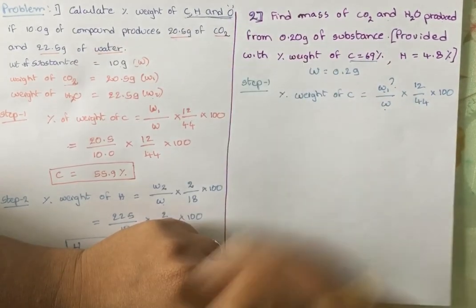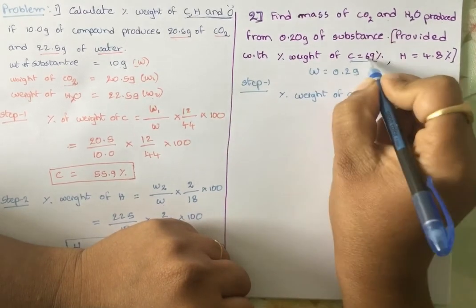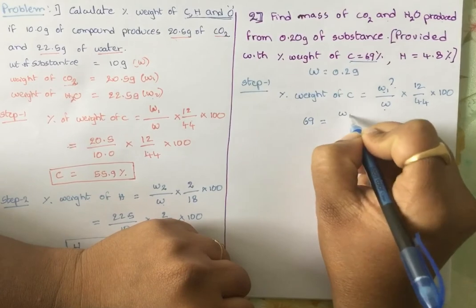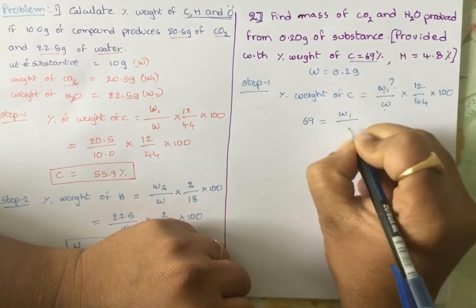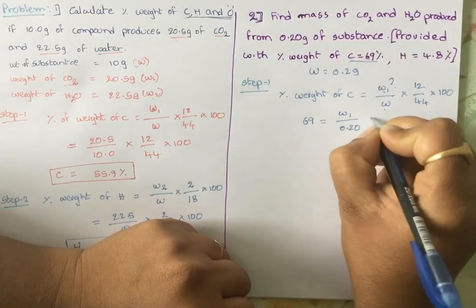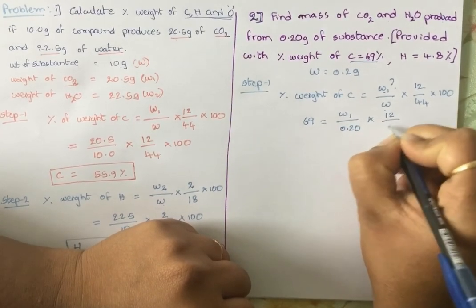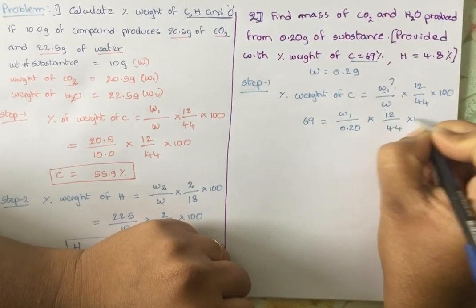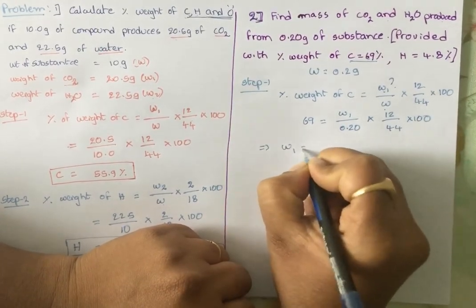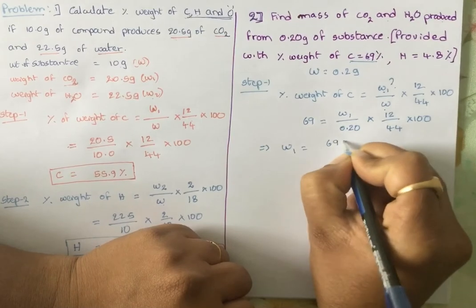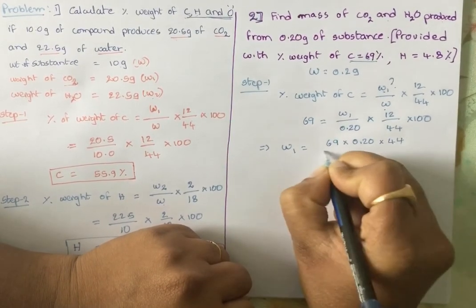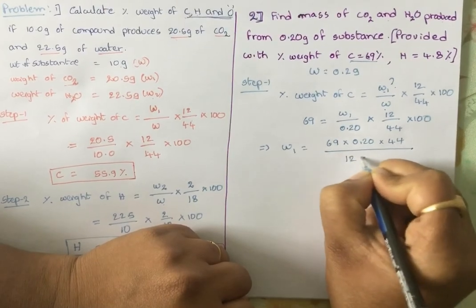Substitute the values in this equation. Percentage weight of carbon, how much? 69 is equal to W1, you want to find mass of carbon dioxide, and W is how much? 0.20 grams, should be multiplied with 12 by 44 into 100. So rearrange this equation. This implies W1 is equal to 69 multiplied by 0.20 into 44 divided by 12 into 100.